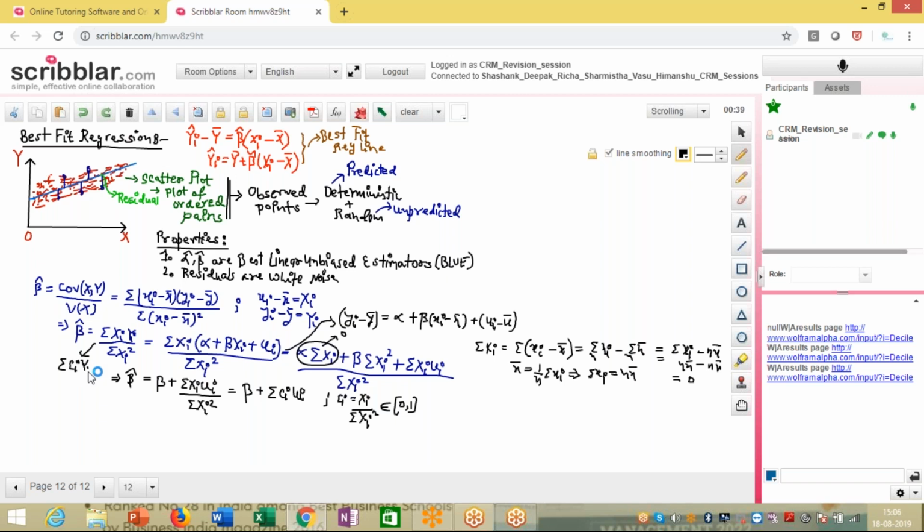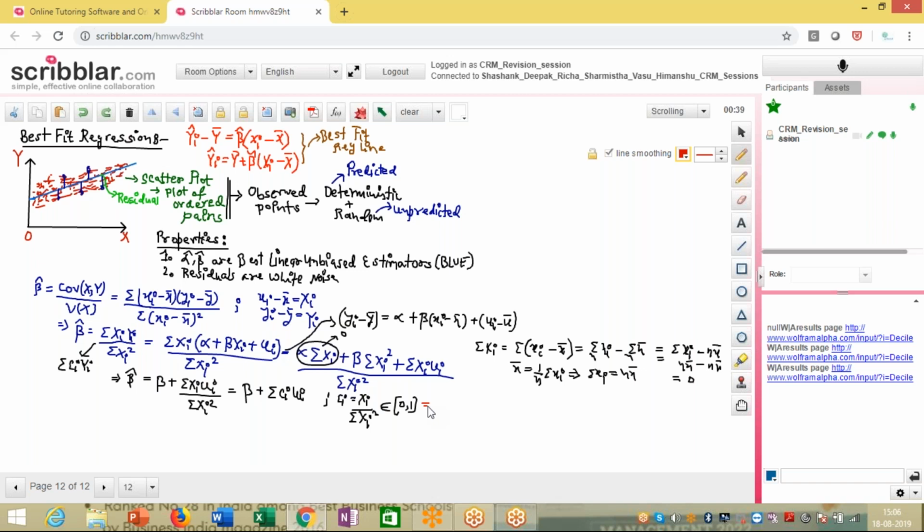Now, why can I write this xi by xi square as a number ci? Because xi was non-stochastic. So this characteristic that I'm getting over here, or this ci that I can put right away at the beginning, is because the xi's are non-stochastic.